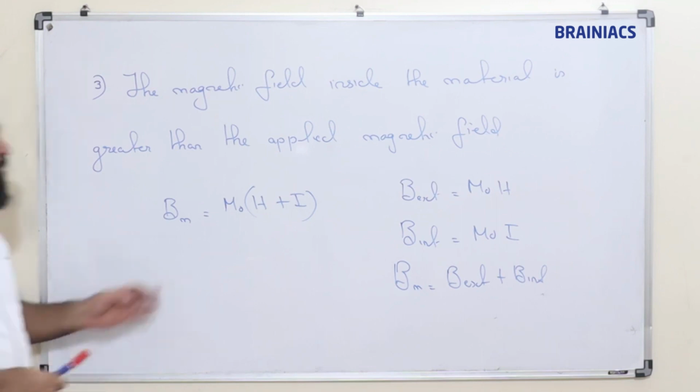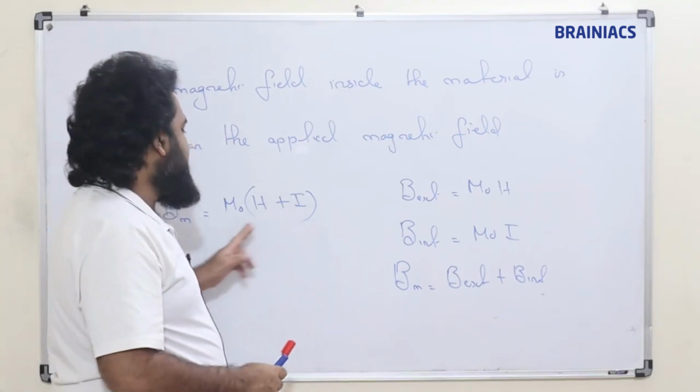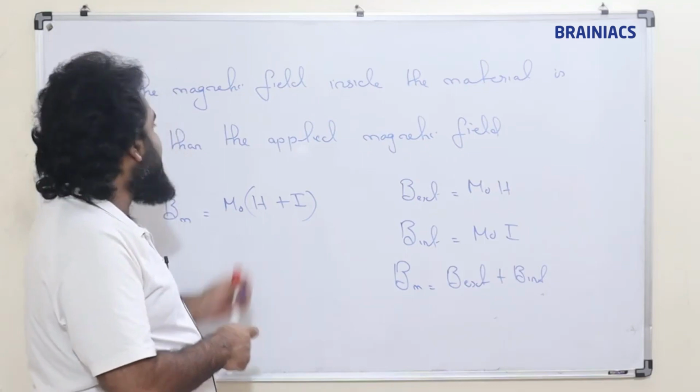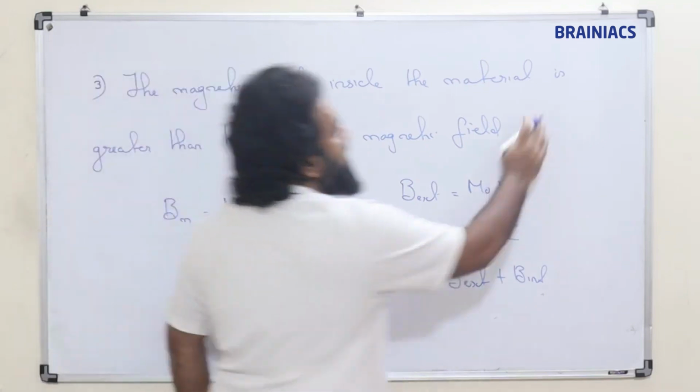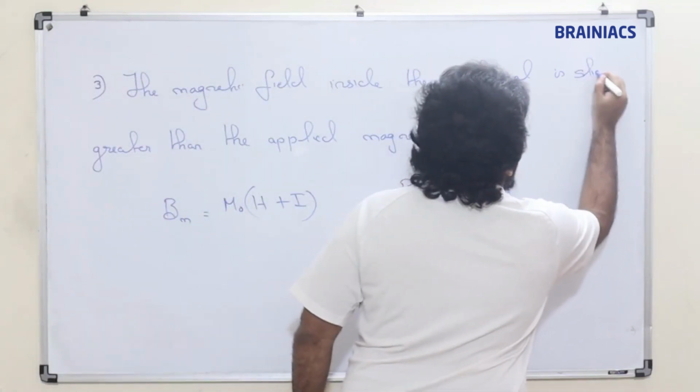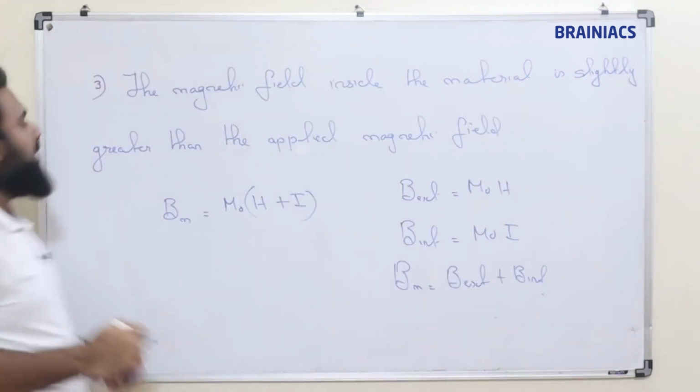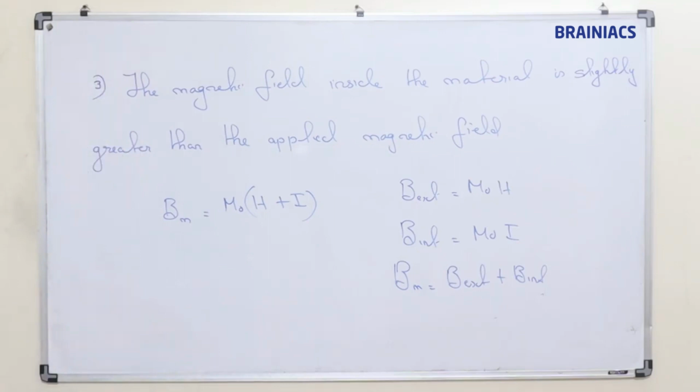This I value is less, but everything put together will be a little bit greater than the applied magnetic field. We can add here slightly greater than the applied magnetic field. That is the third property. Clear?